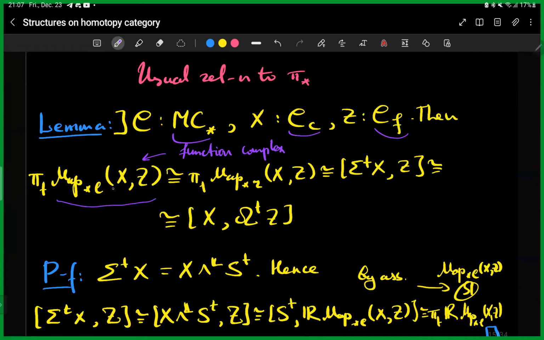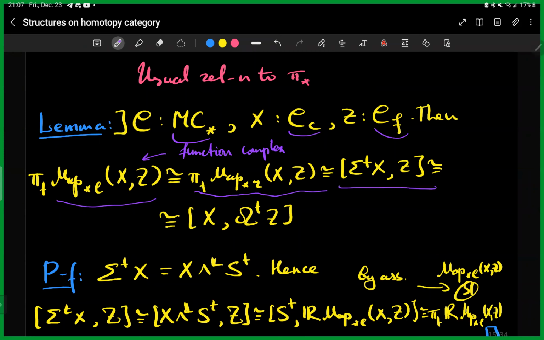Okay, so if we take homotopy groups of this space of maps, this part is, I guess, quite clear, but it will be explained in the proof in just a moment. So we have an isomorphism with homotopy groups of the right function complex or right mapping space, and then we have an isomorphism with the set of maps from.